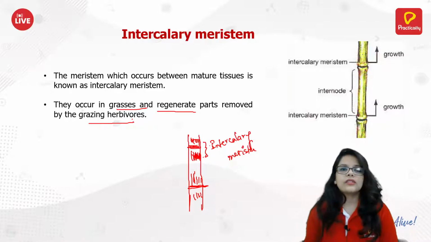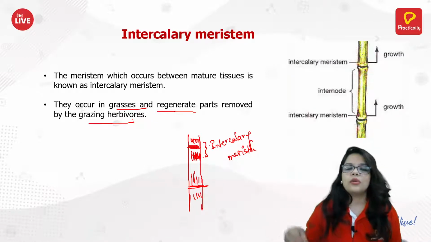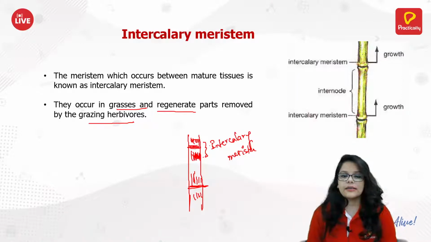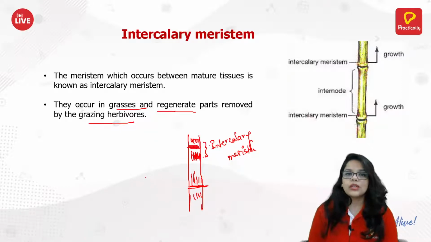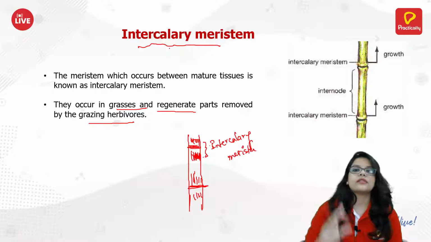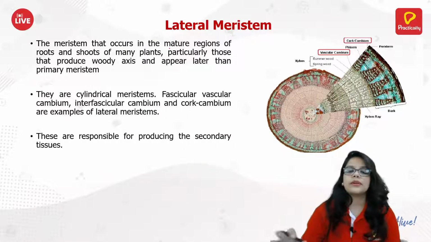I just said, suppose there is some cow or some goat eating from a plant. They'll eat it off. Now to cover that wound, that will be a wound, right? So to cover that, intercalary meristem occurs. So that is the job of intercalary meristem.